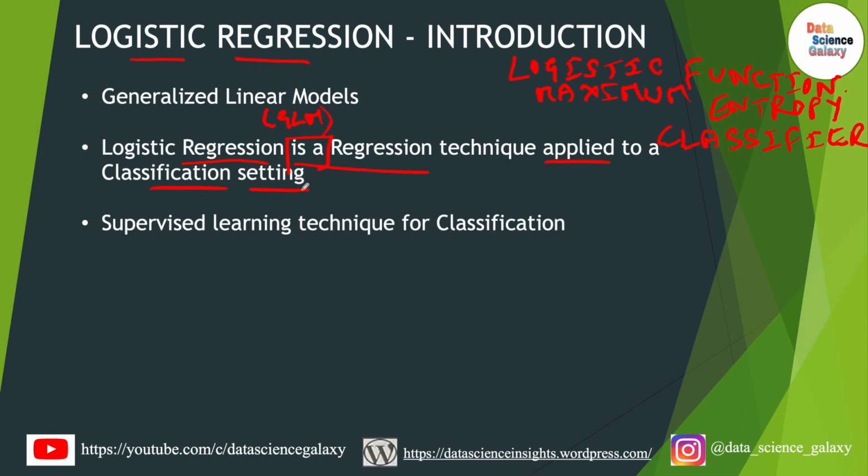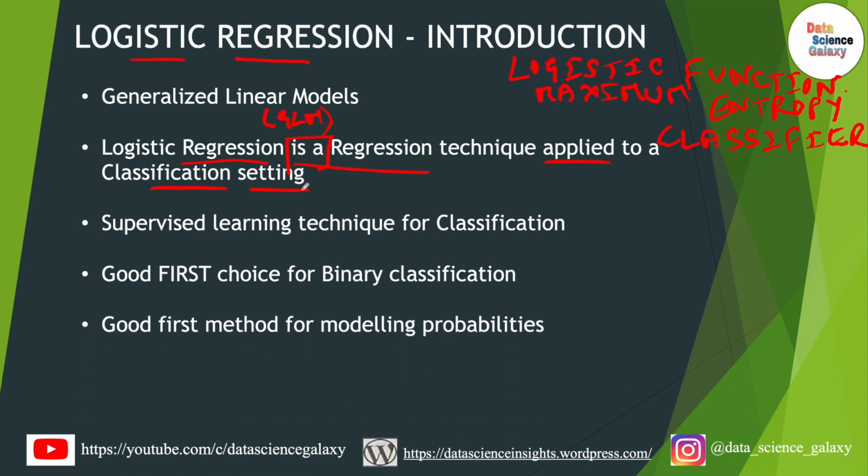You know what? Specifically, logistic regression, like I already mentioned in the introduction, is a good first choice for binary classification problems over other complicated methods. In fact, it is a good first method not just for binary classification, it's a good first method for modeling probabilities.